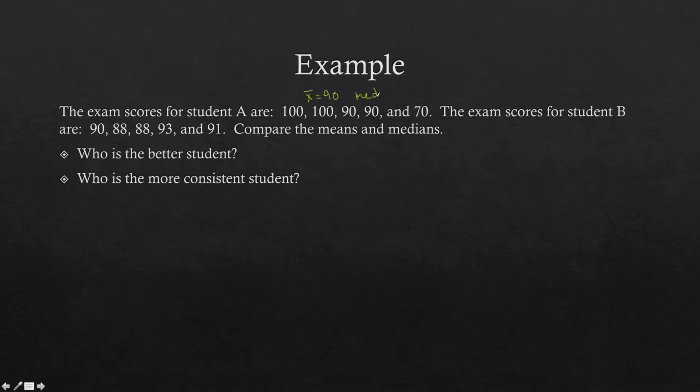Now what would the median be for student A? Well, first of all, remember we got to put these numbers in order from least to greatest. And since this is an odd number, there are 5 numbers here, it's going to be the middle number. So our median is 90.